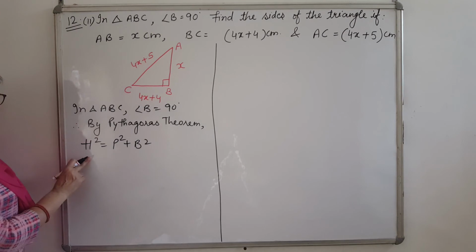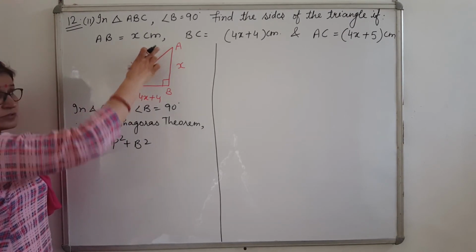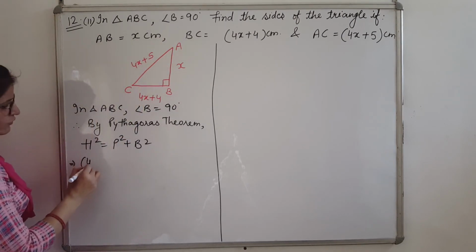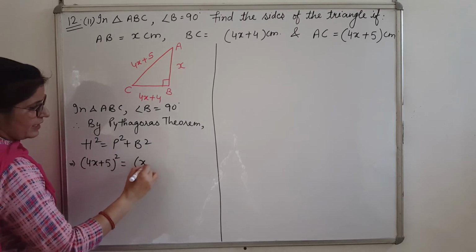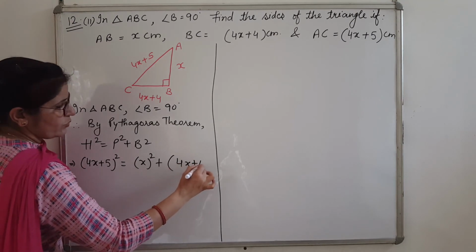Now what is h? H means hypotenuse, the side opposite 90 degree. So AC. Now substitute the values: h is 4x plus 5, p is x, b you can take as 4x plus 4.